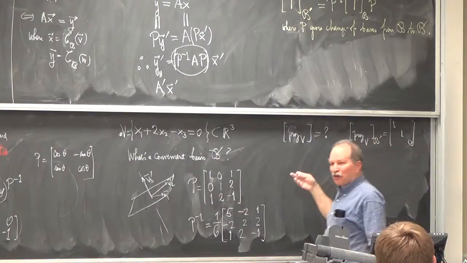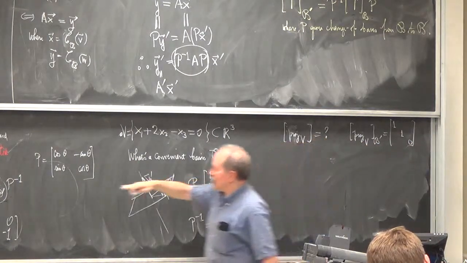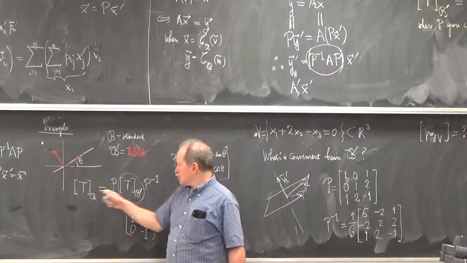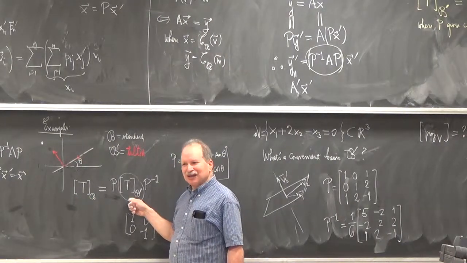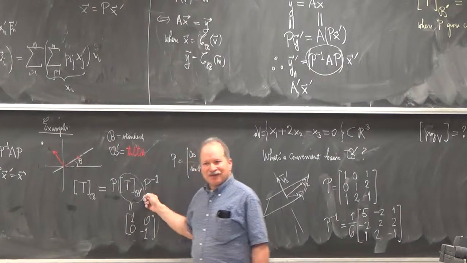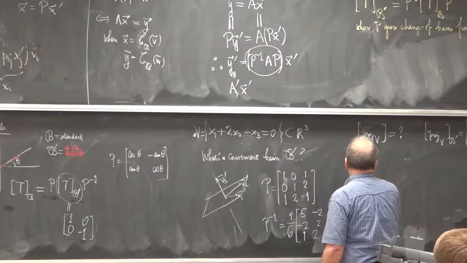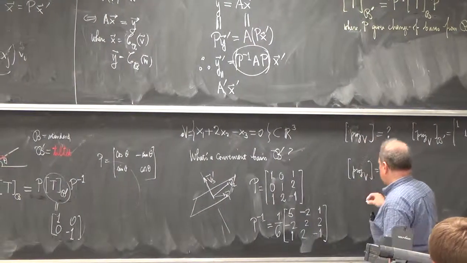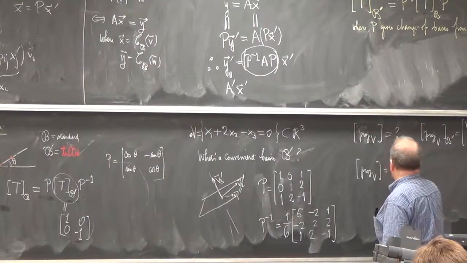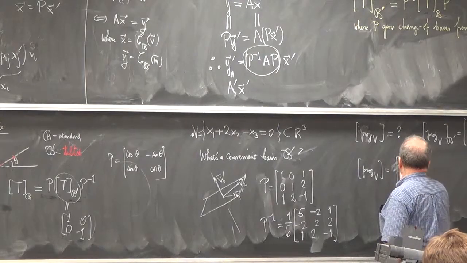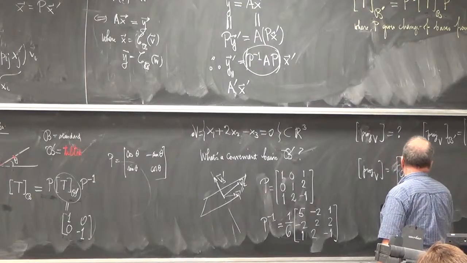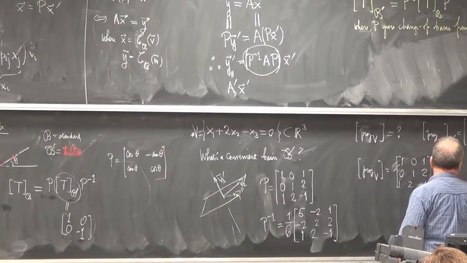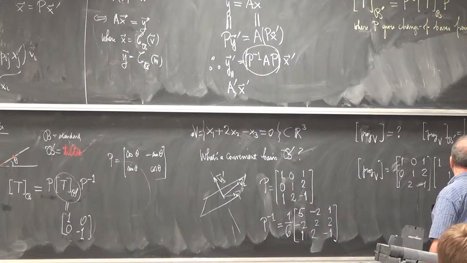But then look how cool this is. It follows by the same thing I wrote down here, that if you want the standard matrix, you just do P times the convenient matrix times the inverse. So the standard matrix is P times the convenient matrix times the inverse.